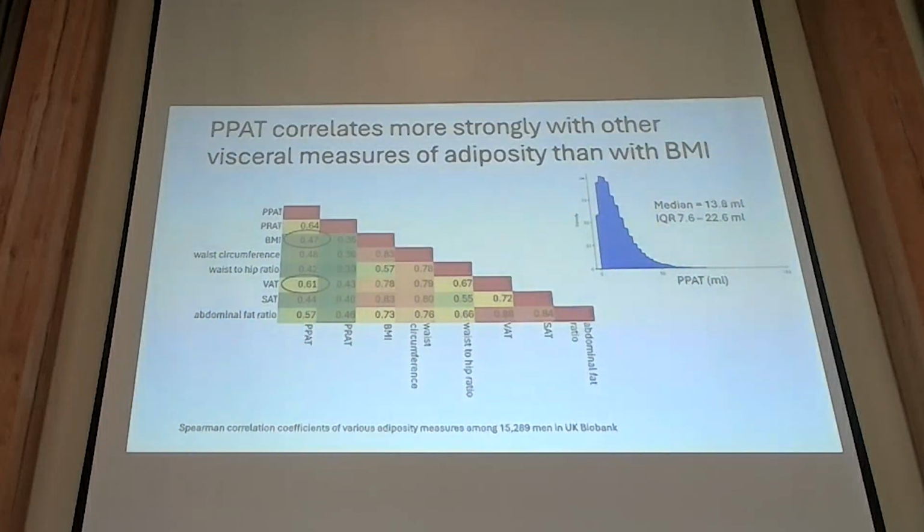Broadly, we see that PPAT correlates more strongly with other visceral measures, which makes sense because we think of it as a visceral fat depot. But the other thing to note is that it's a moderate correlation, and we may not be able to infer the amount of PPAT very well by using other surrogates.